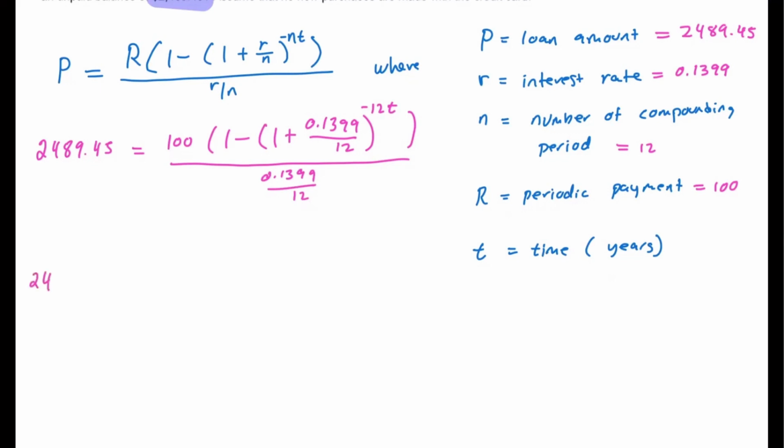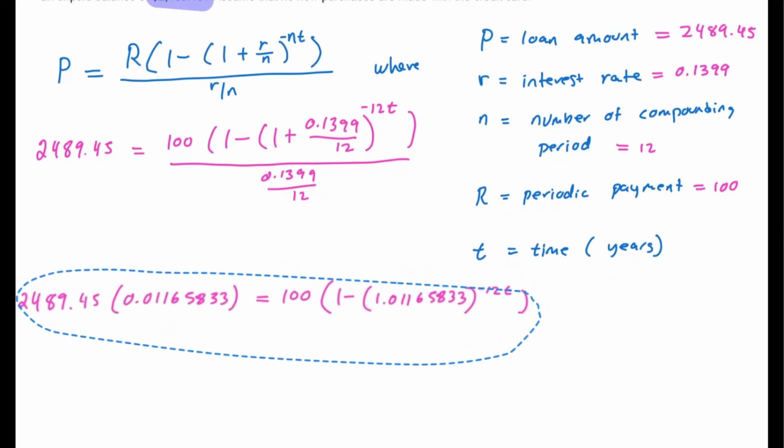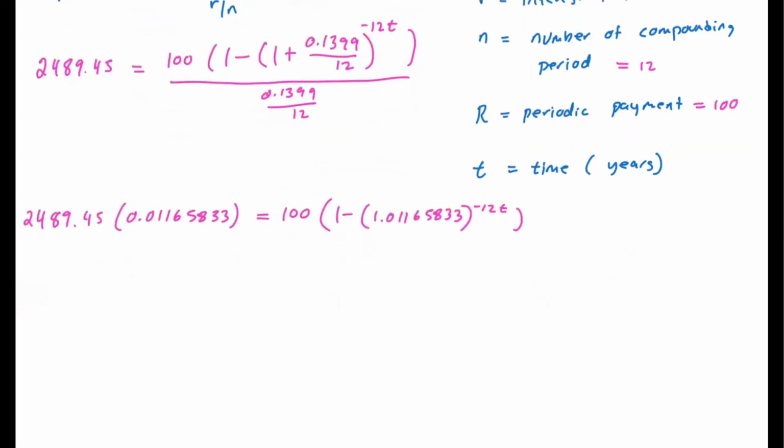So you'll have 2489.45 times that denominator, that would be 0.01165833, is equal to 100 times 1 minus, and then here I'm going to add this up and raise it to the exponent of negative 12t. So that's going to give us 1.01165833 to the power of negative 12t. All right, so that's what I get so far. Just do it very carefully since it's very easy to trip up.